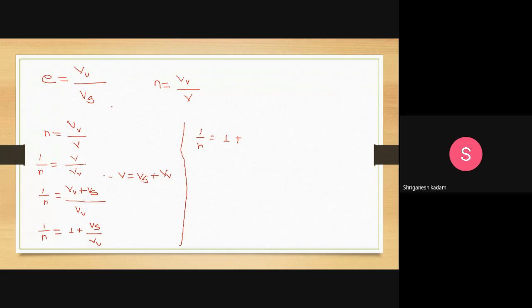Now if I take 1 upon E here, it is Vs upon Vv.